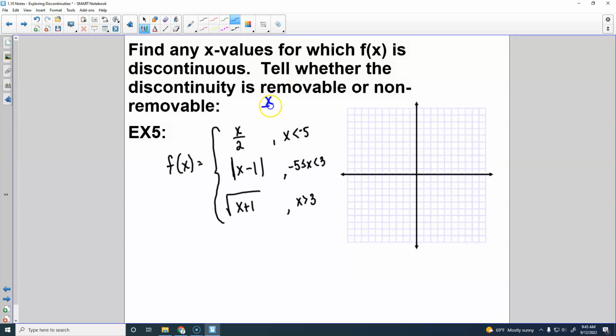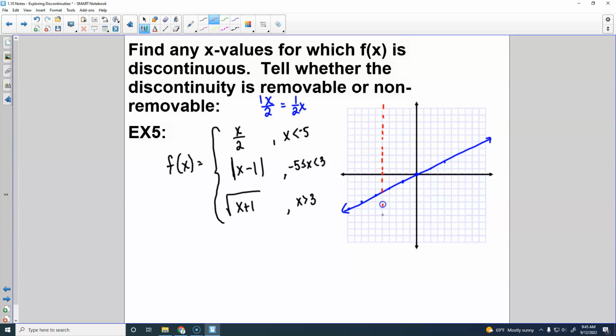X over 2, that x has an invisible 1 in front of it. It can be written this way, 1/2 x. Right? So it just has a slope of 1/2 and a y-intercept at 0. Right now I'm going to graph the whole thing, but we're going to have to erase some of it. So if you're not doing this in pencil, I wouldn't do exactly what I'm doing right now. So I've got, this is the graph for x over 2, but I need to look at -5 right here, and I'm gonna draw myself a little dotted red line.